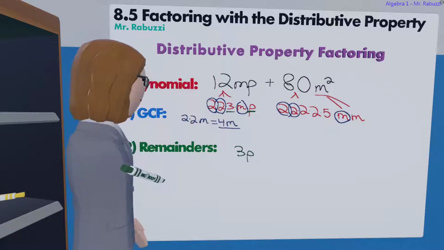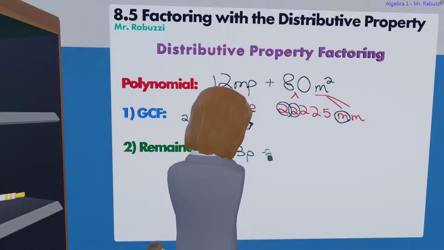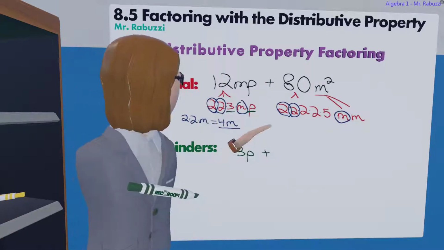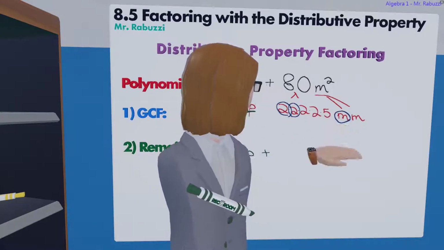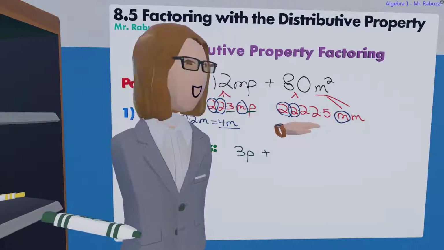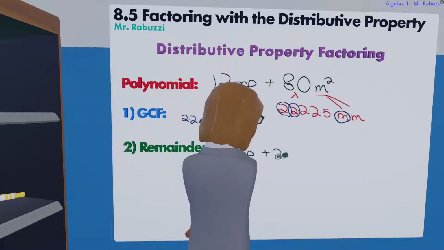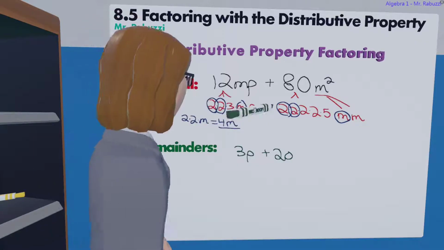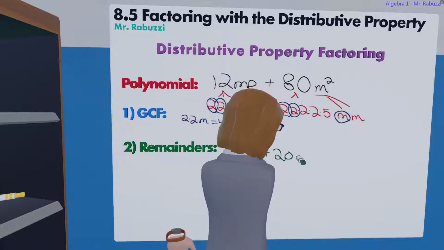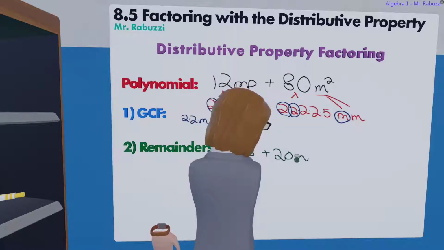Then we have a plus sign. And then we have a 2, 2, 5, and m. Well, what's 2 times 2? That's 4. 4 times 5, that's 20. We have that extra m on the end. So there's our remainders. Make it look like an m, not an n.